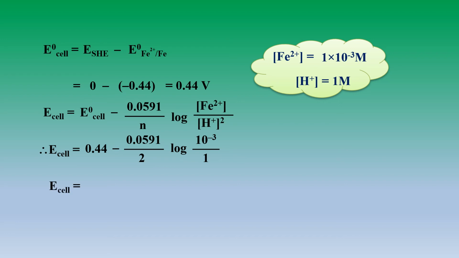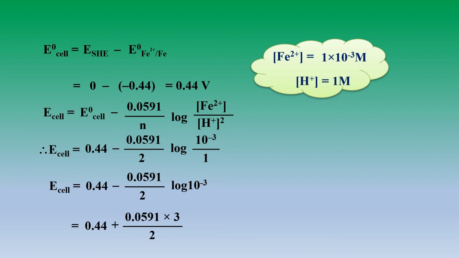What is the value of log of 10 to the power minus 3? It is minus 3. This minus 3 and the minus sign become plus, so the next step is 0.44 plus 0.0591 into 3 divided by 2. The value will be 0.528 volt. This is the cell potential for the cell reaction.